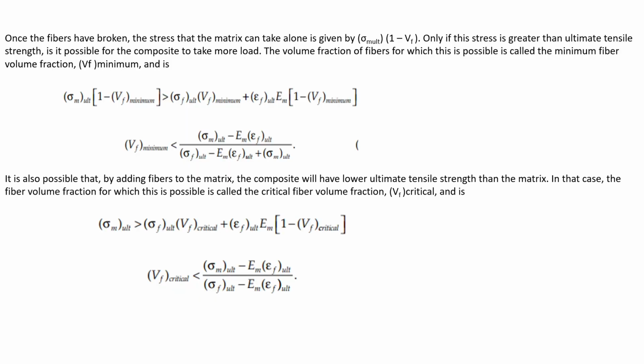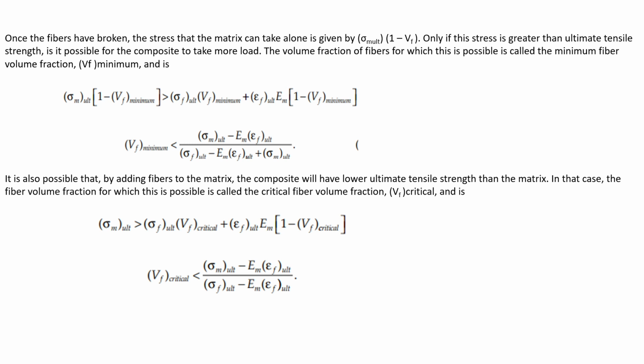Now comes the minimum and critical fiber volume fraction. Once the fibers have broken, the stress that the matrix can take alone is given as the ultimate matrix stress multiplied by the matrix volume fraction. Only if the stress is greater than the ultimate tensile strength is it possible for the composite to take more load.